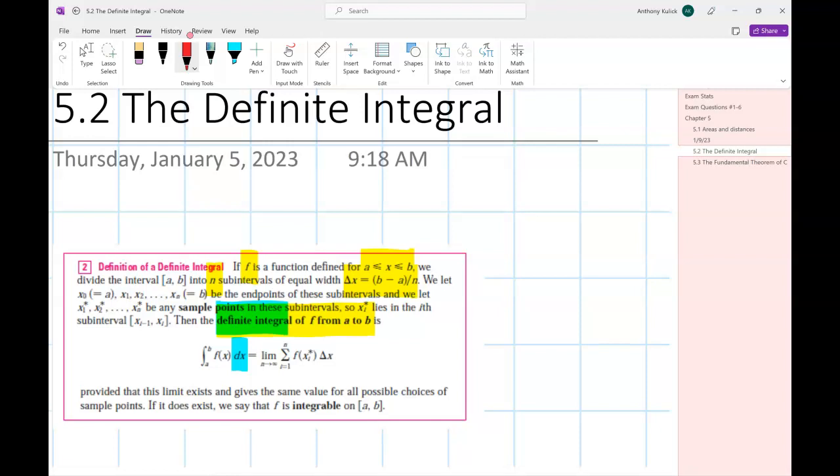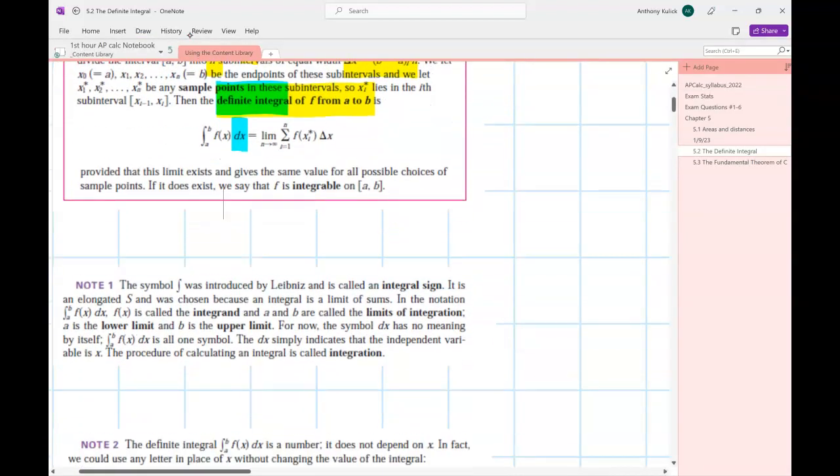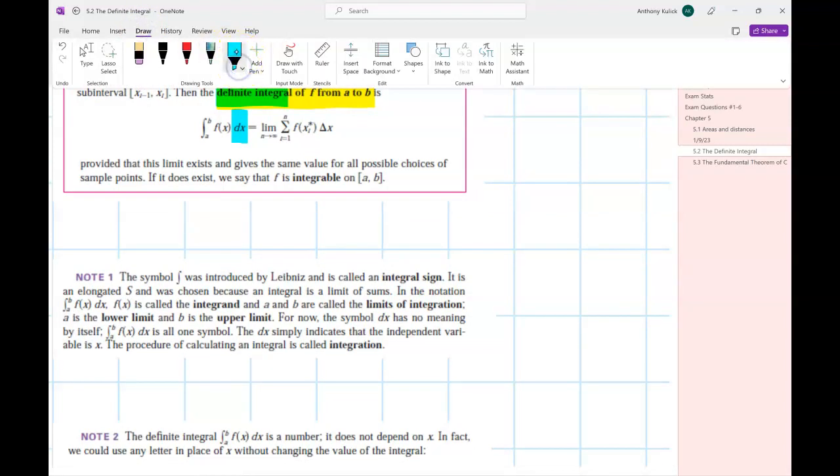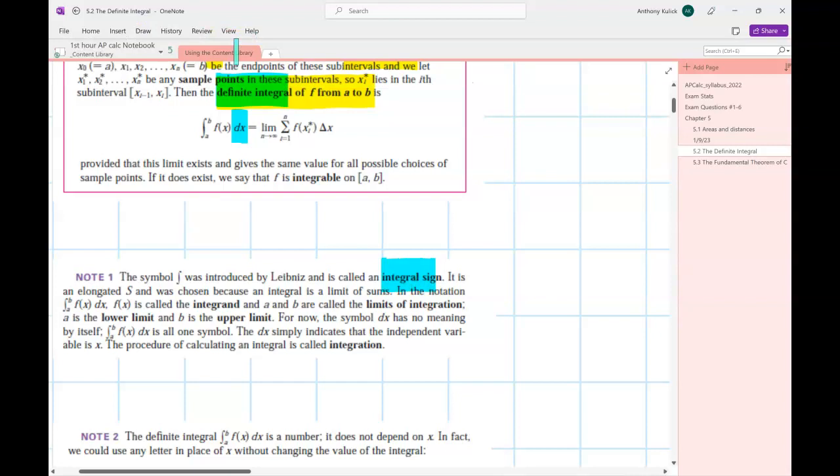Okay, so what we've done is we defined a new calculus operation called the definite integral. Just a little bit of vocab here. That stretched out S is the integral sign. The function inside our integral is called the integrand.